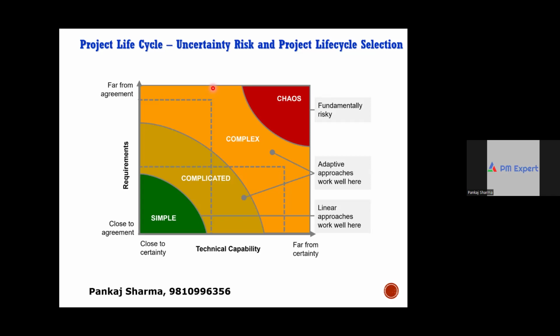The only requirement I can share with you is I want my house to be highly trendy. It should look really good, and the interior should be done as per the latest trend. This is what I can tell you. Rest you have to manage on your own. This is project B, right?